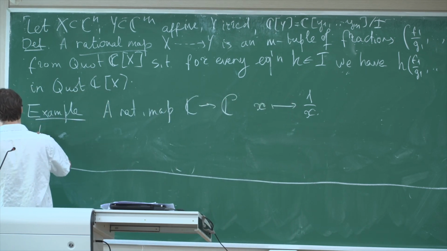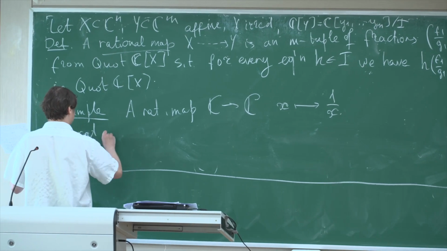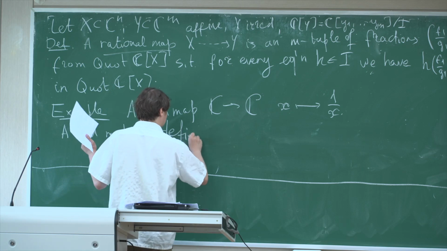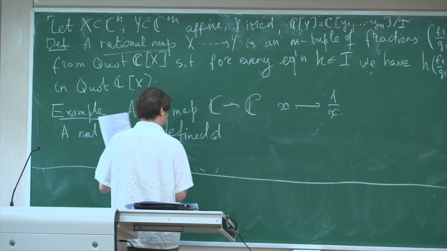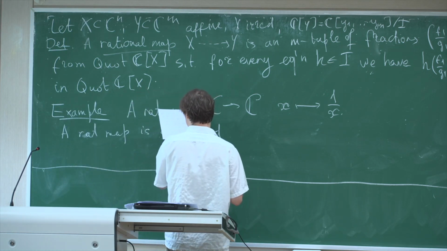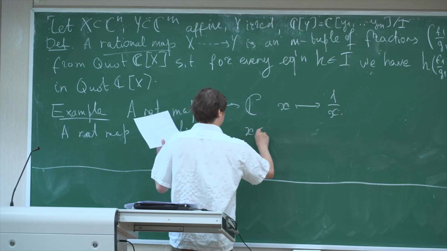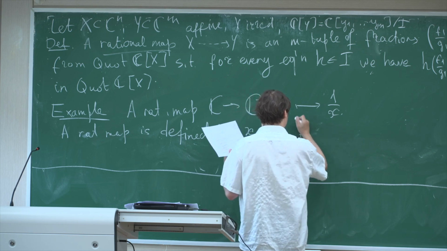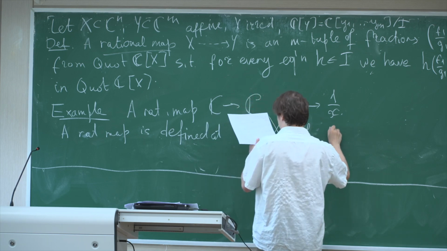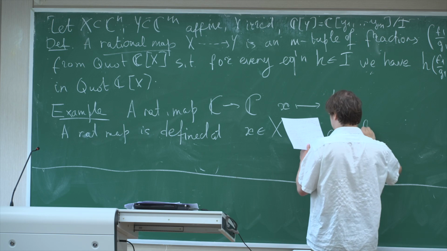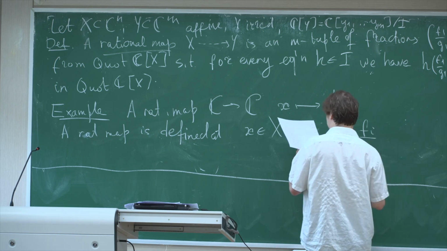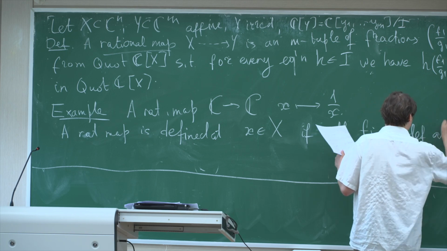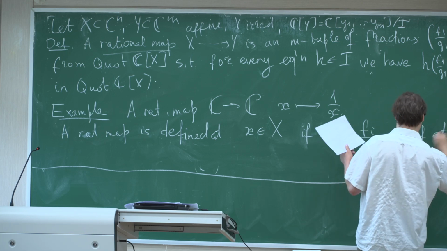And generally we say that a rational map is defined at a point x if all fractions fi over gi are defined at the point x.